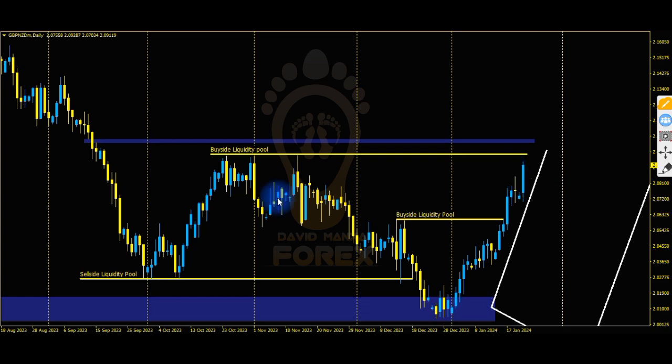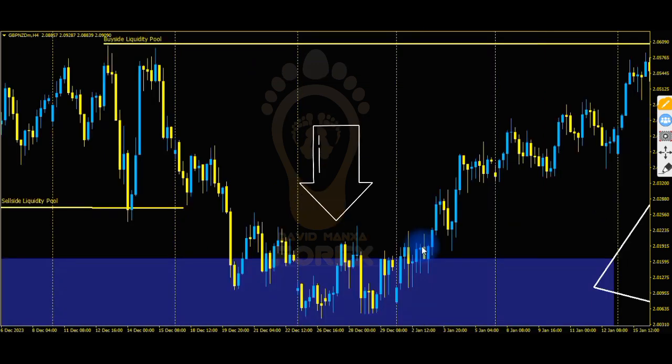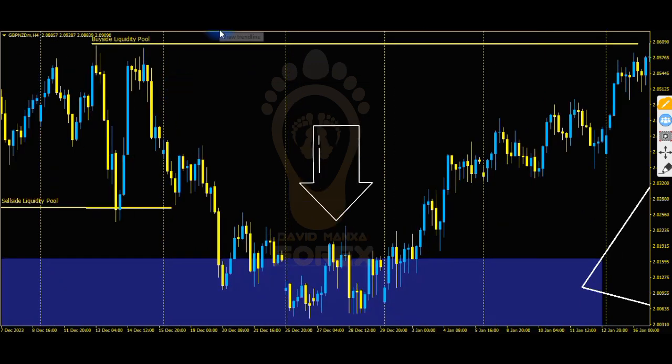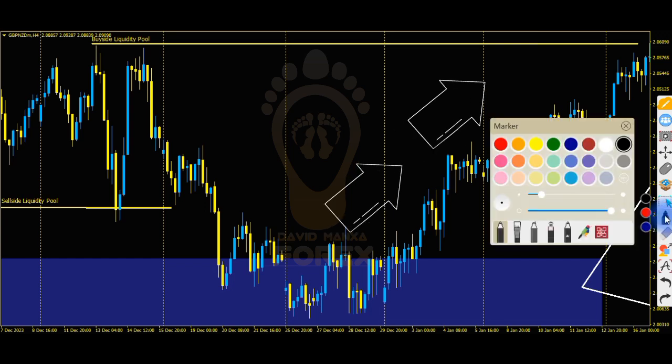Now on the lower time frame, if you're looking for entry, let me just do one example right here. Still the same move. After price consolidated down here, we began to move upwards, and the market began creating structure.